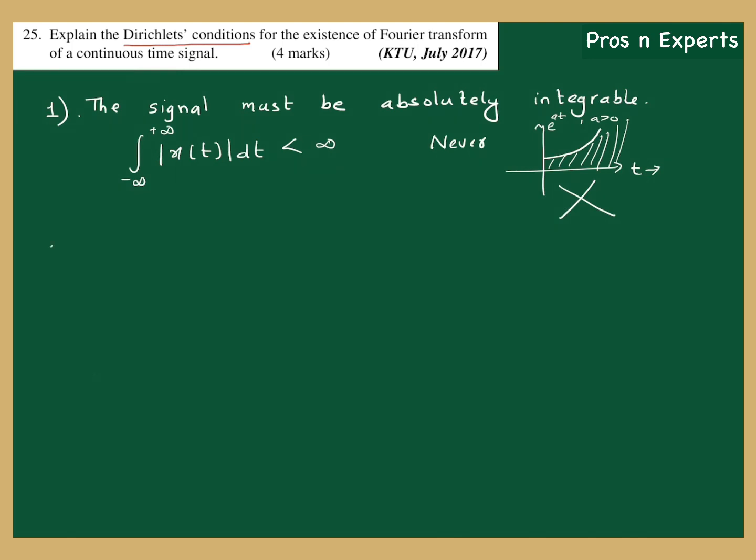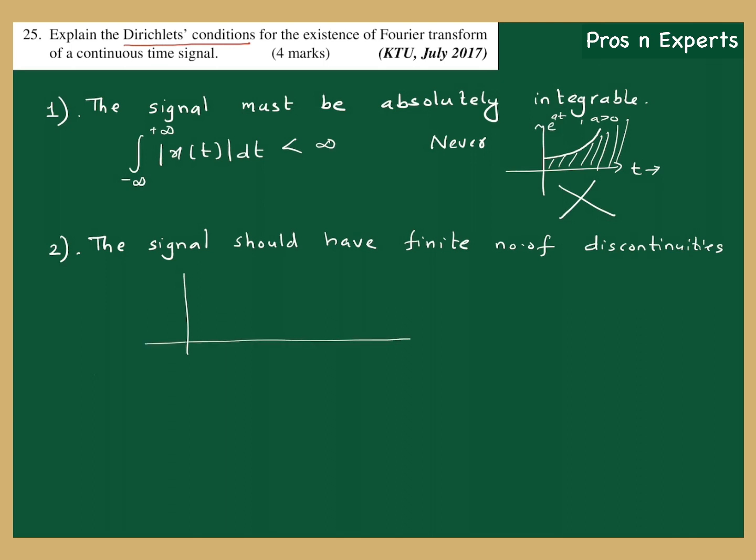Okay, the second Dirichlet condition is that the signal to be transformed should have a finite number of discontinuities. If you have a signal like this, here it is a discontinuity, right?